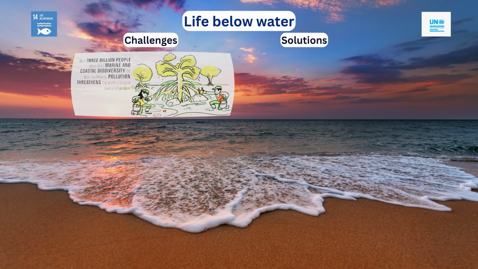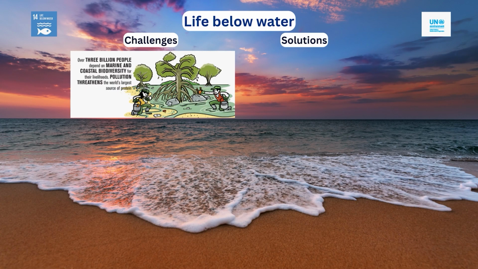So if we look at all these things as challenges in front of us, and we try to look for different solutions, we need to understand three or four main important challenges.